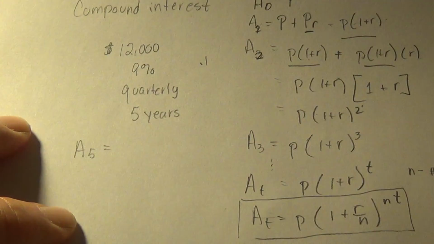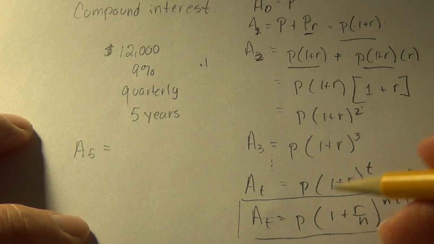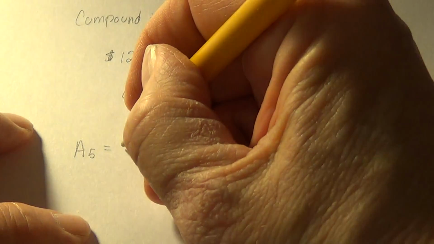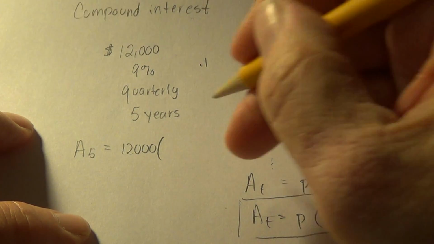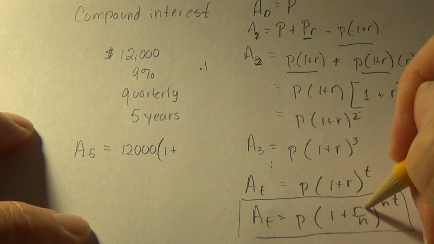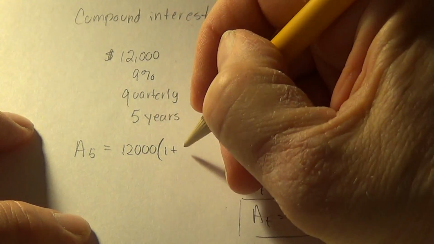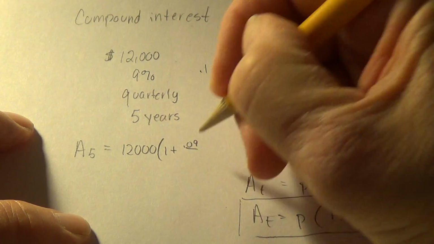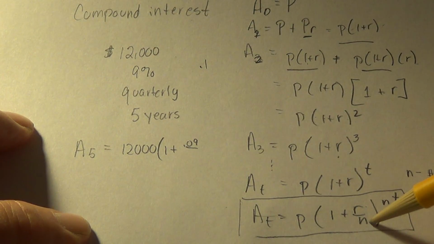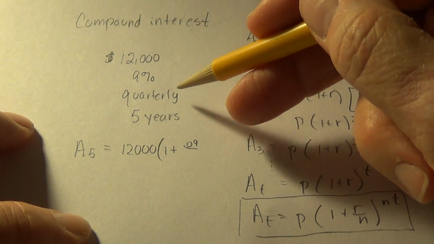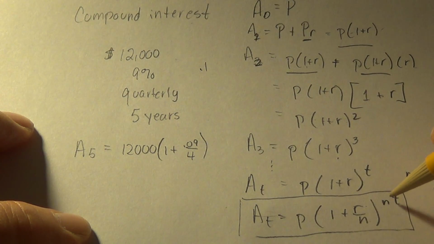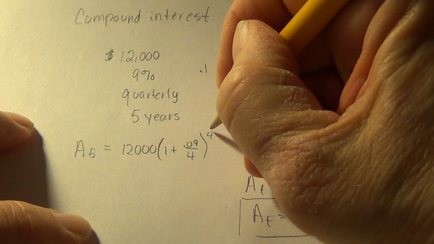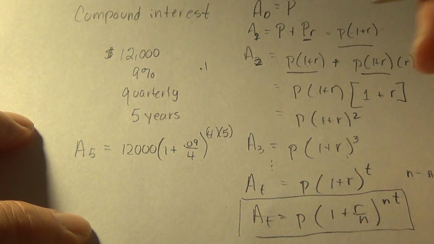The amount at time 5 years is going to be the principal I started with, 12,000, times 1 plus the rate of interest, which in decimals is 0.09, divided by the number of times it's compounded in a year, so quarterly would be 4, raised to the 4 times 5, the number of years.